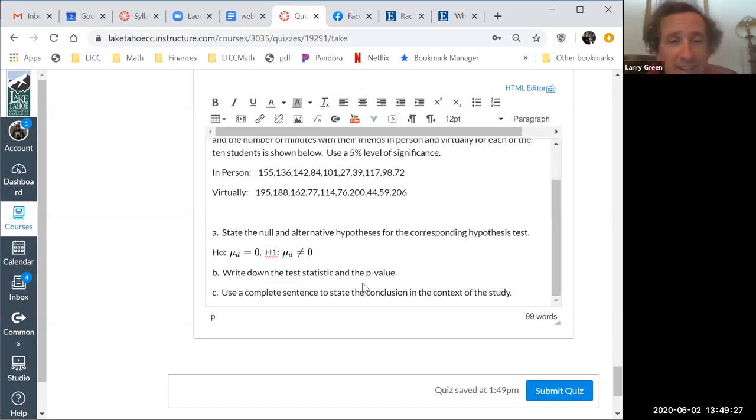Notice this basically turns the survey into a single variable question. It turns it into the mean of the differences instead of two different sets.